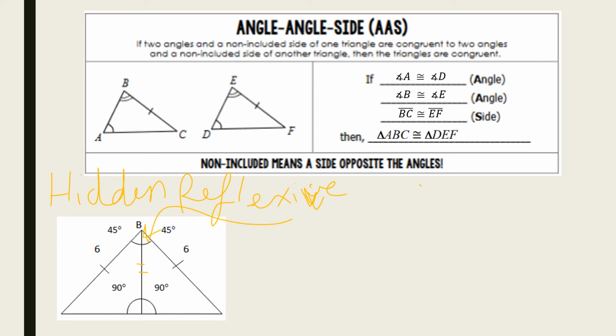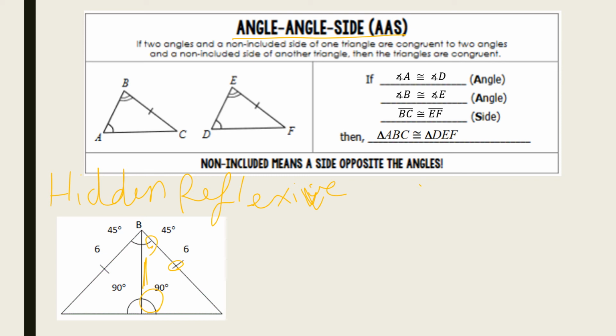Now let's look. We have got an angle. Ooh, an angle, a side, an angle. But wait, it's not angle, side, angle, it's angle, angle, side. Well, yes. Oftentimes we can do it multiple different ways. Here we've got an angle, we skip the tick mark, and then we've got an angle, so we've got angle, angle, and then tick mark.